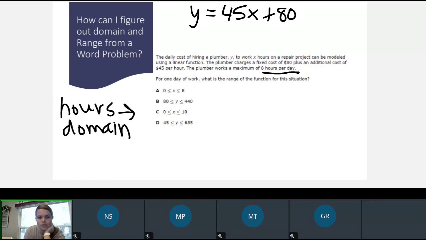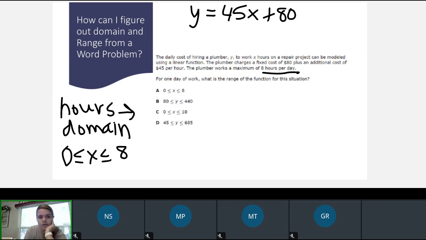So for this question, before we can figure out the range, we first have to determine the domain. Okay, so the domain is from 0 to 8, right? He could work 0 hours per day, or he could work a maximum of 8, but not more than 8.